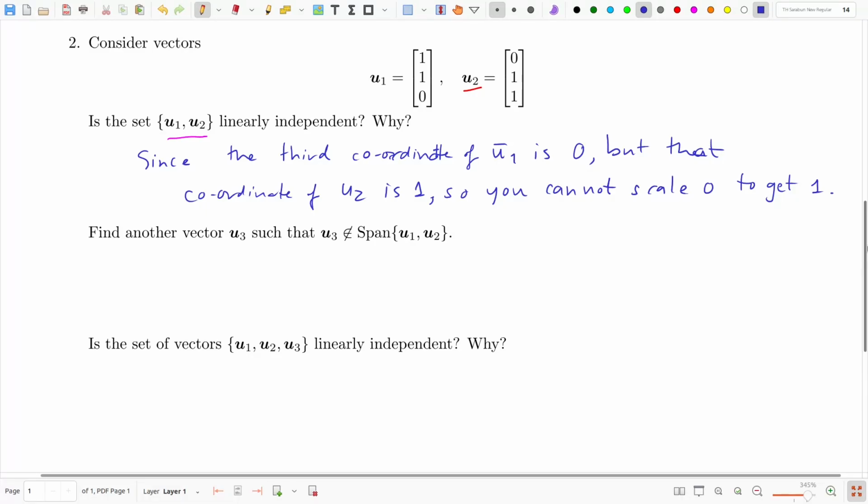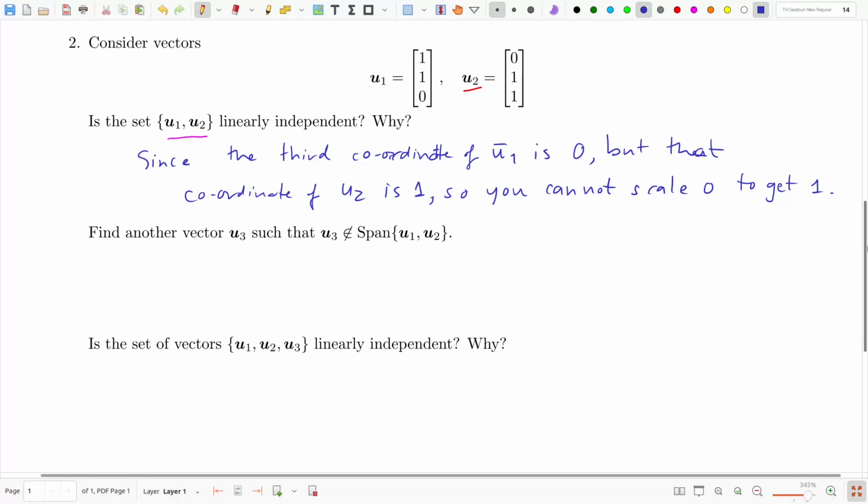Like you have a drink that contains no sugar at all, and this one is a drink with 1 unit of sugar. No matter how many bottles of the first type of drink you have, you cannot get any sugar. So it's impossible to get U2. So U2 is not a linear combination of U1. So this set is linearly independent.